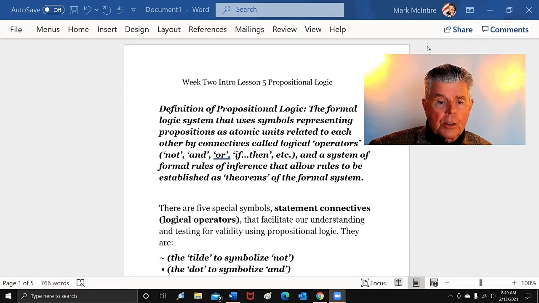The operators are referred to as not, and, or, if, then, etc. Now, these are common connectives, logical connectives that we use in everyday language. When a child learns English language or any language, you'll find all of these connectives are present in every language in the human experience.